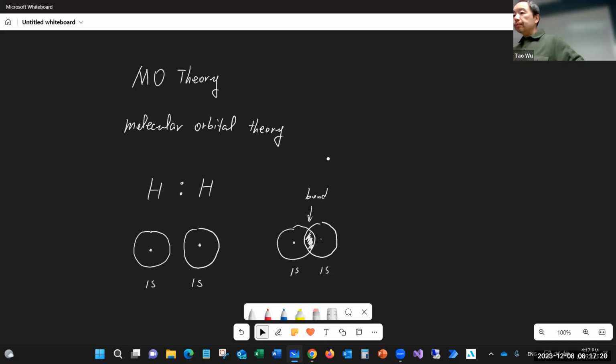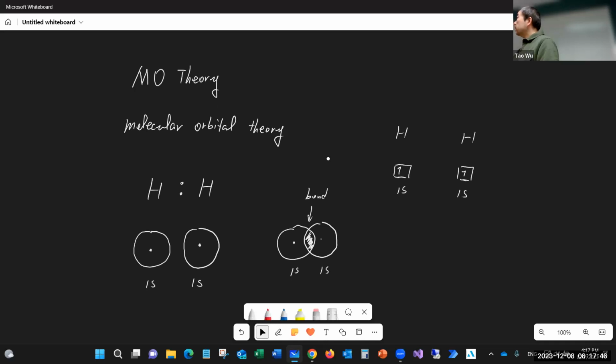That is why you say hydrogen. If you write the electron diagram, this is a 1s orbital, this is hydrogen, and this is also hydrogen. This hydrogen has one electron, and this hydrogen also has another electron. Those two electrons are paired together, and then they are building a bond, right?